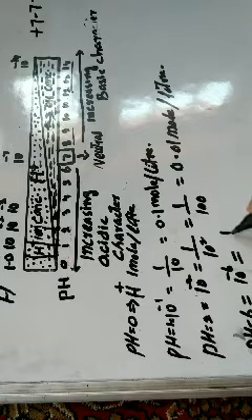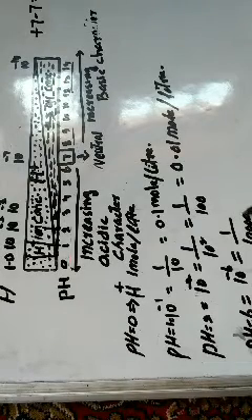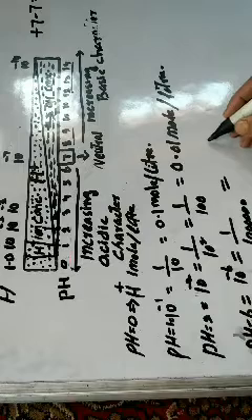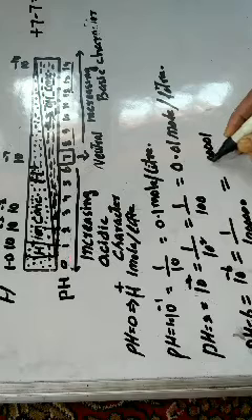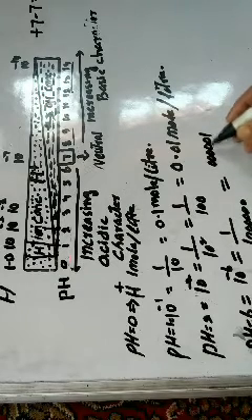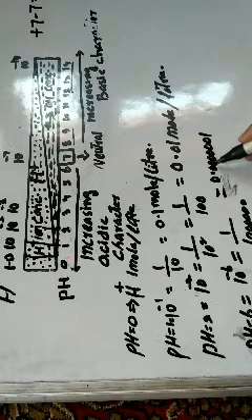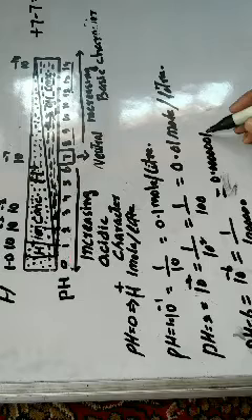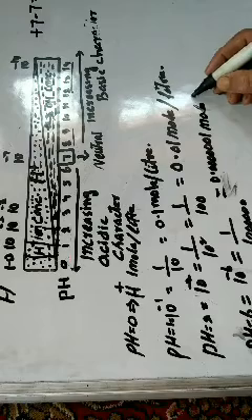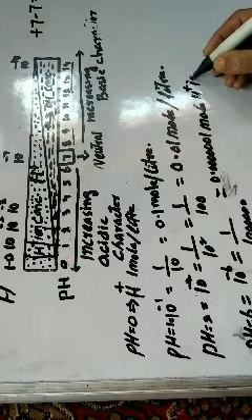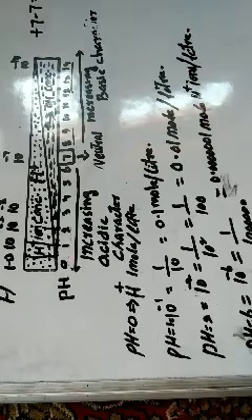That is equal to 1 over 1 followed by 6 zeros, that is 0.000001 mole of H positive ions per liter.